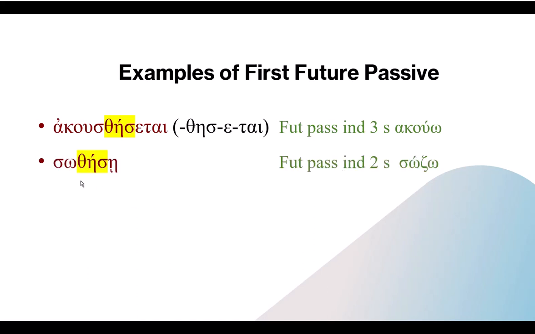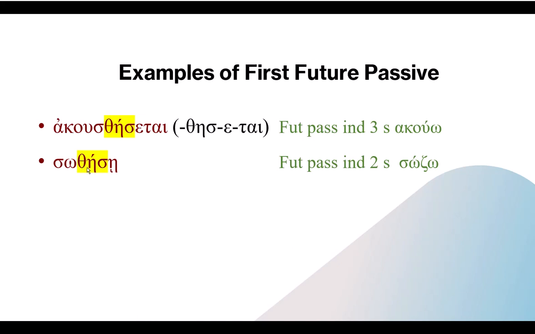Here we have sothese. This comes from sozo. We noted a while back that for sozo, the stem is sod with a delta, and so that delta bumps up against the theta ending, and based on the rules of the square of stops, the delta drops out.